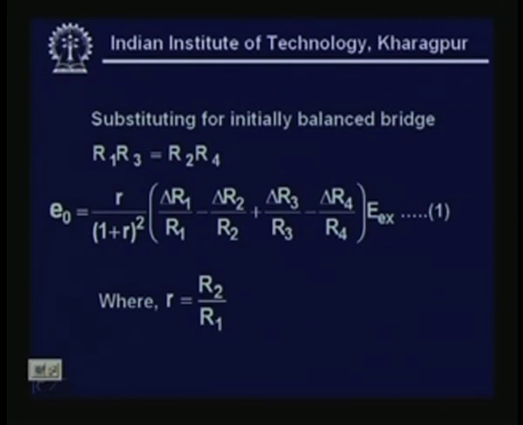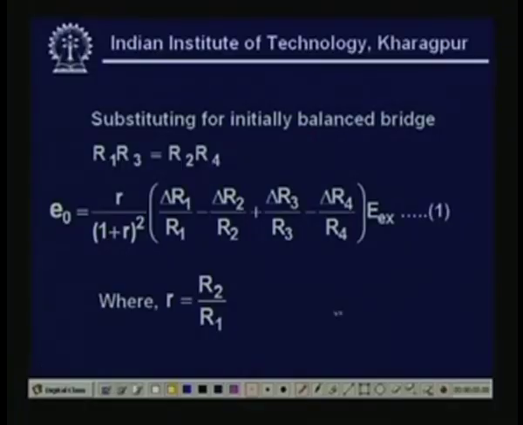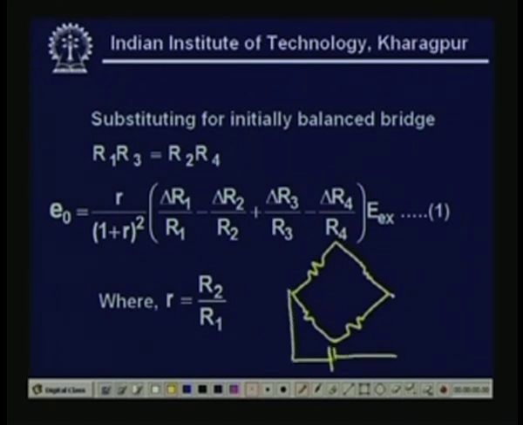Now, you may say that we have used 4 resistances, but I can use 1 resistance also in the case of the Wheatstone bridge. So, instead of using 4 gauges, I can use only 1 gauge also. Suppose this is R1, this is R2, this is R3, this is R4.